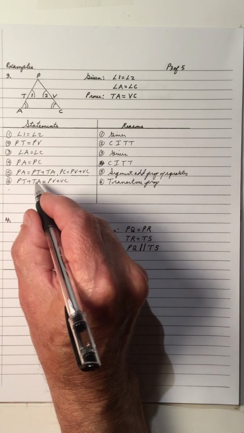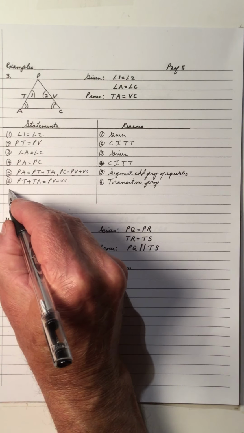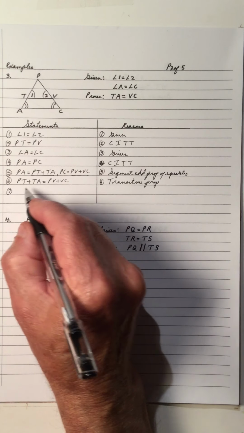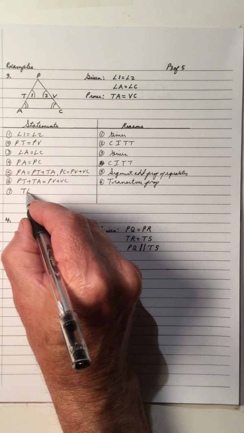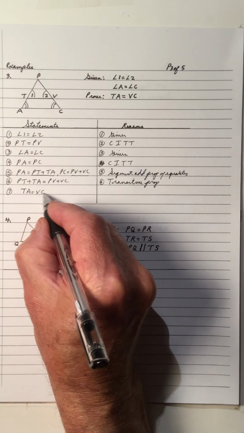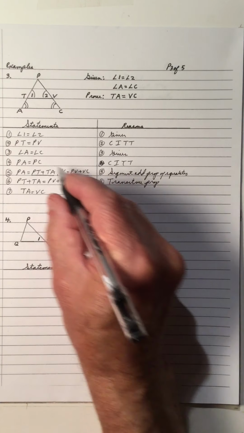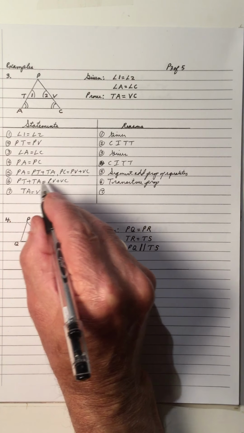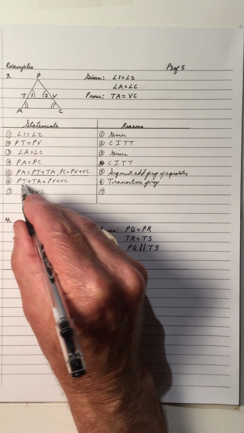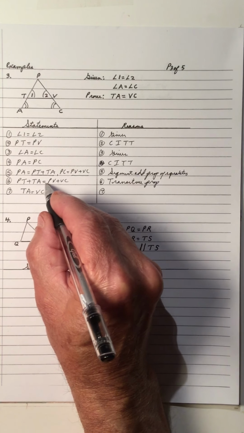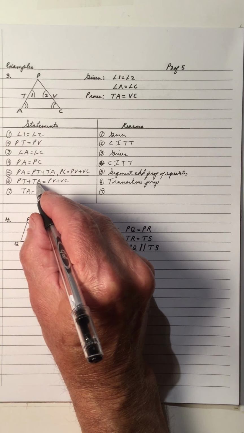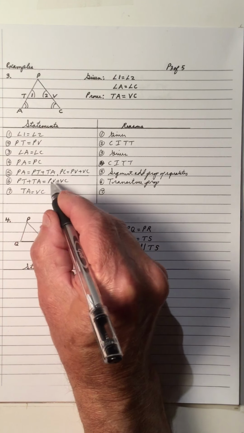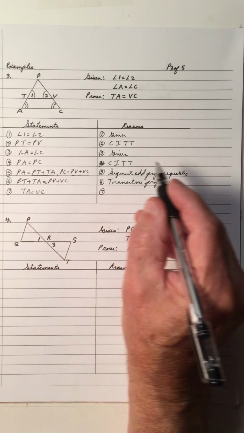Now we have that PT is equal to PV, so that means that TA is equal to VC by subtraction. PT equals PV, so subtract them, and I get TA right here equals VC, since you're subtracting PT and PV from each side.